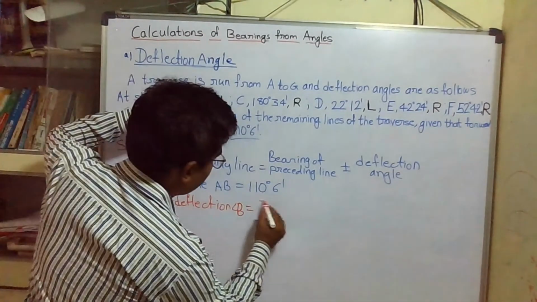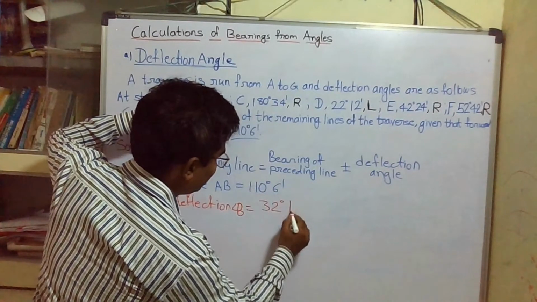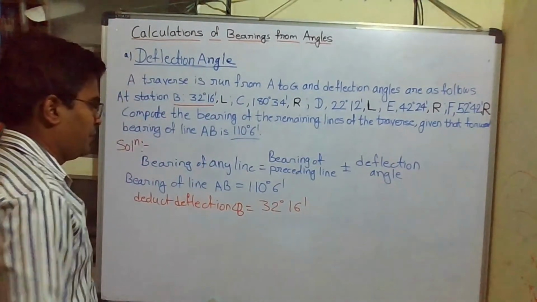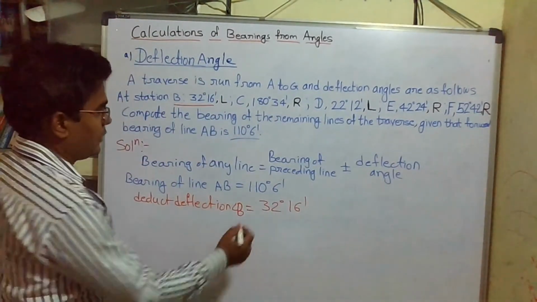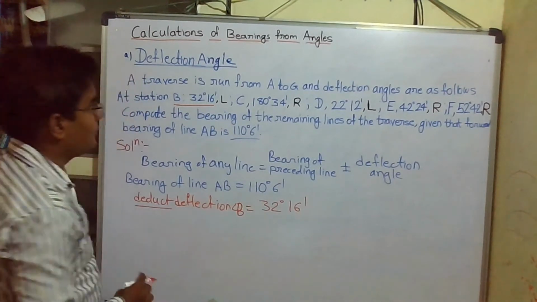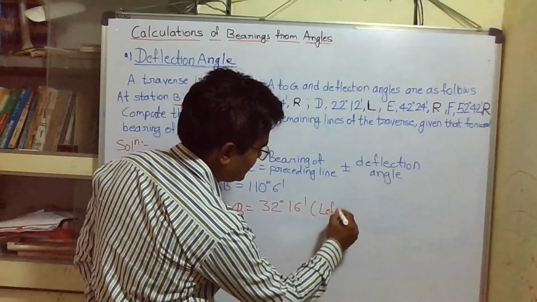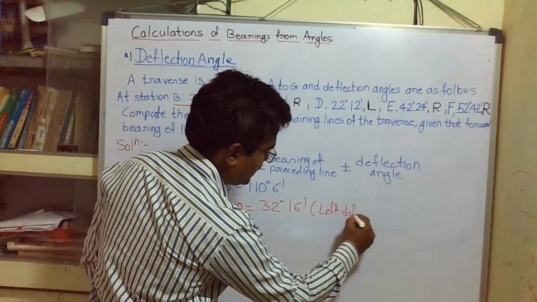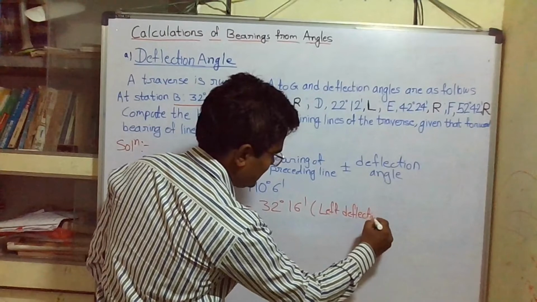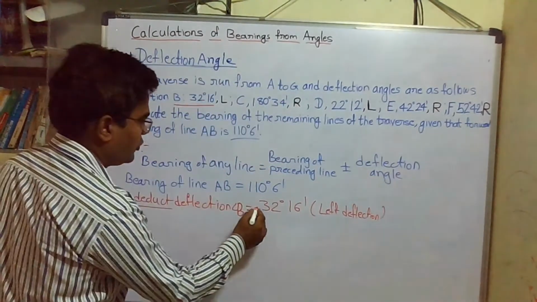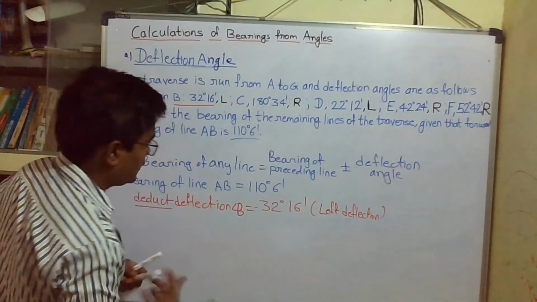That is 32 degrees 16 minutes. Why are we deducting it? Because the deflection is along the left side, so we are deducting it. So what will we get as the value?